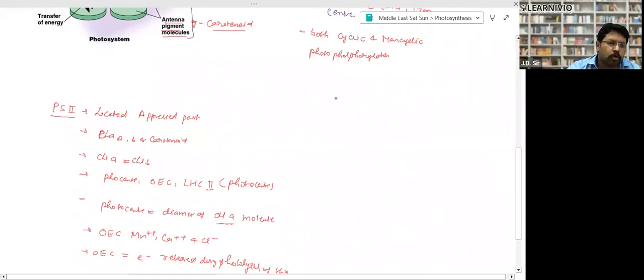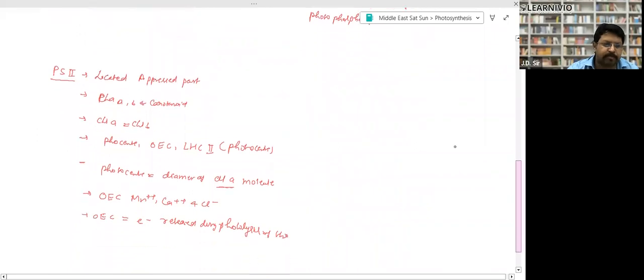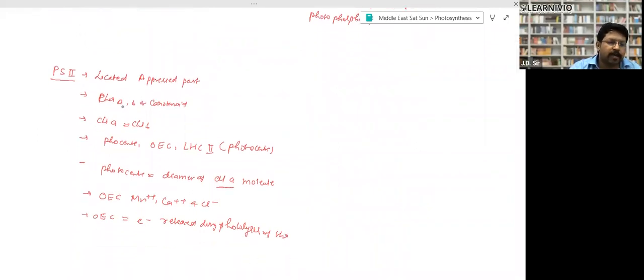Now talk about photosystem 2. Photosystem 2 is located in the appressed part. We have seen that it has chlorophyll A molecule, chlorophyll B molecule, and carotenoid molecule. This is very important. The questions have already been asked. It has a photocenter, an oxygen evolving complex, which helps in oxygen evolution, and LHC2, the light harvesting complex 2. The photocenter is made up of a dimer of chlorophyll A molecules.